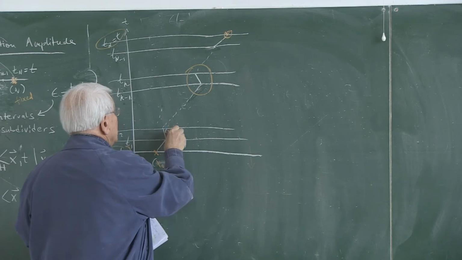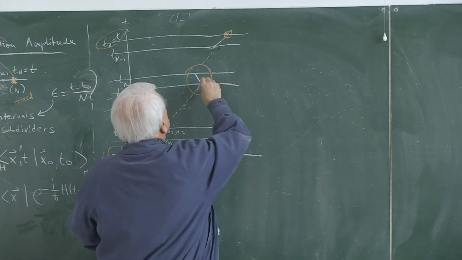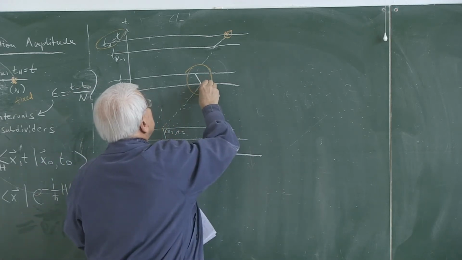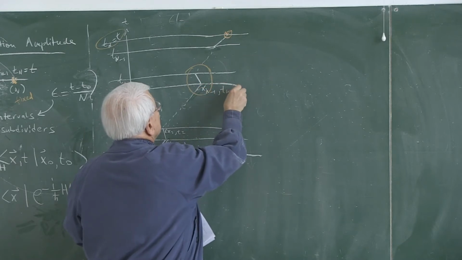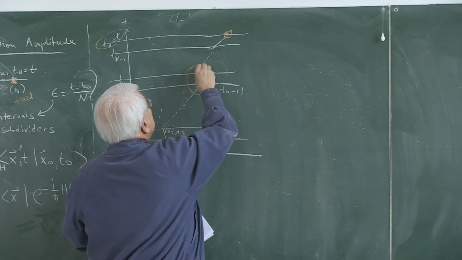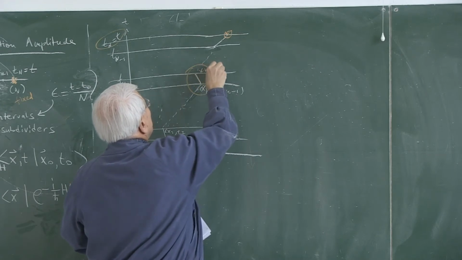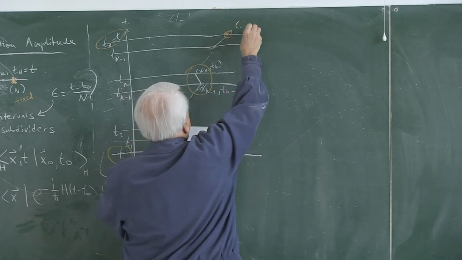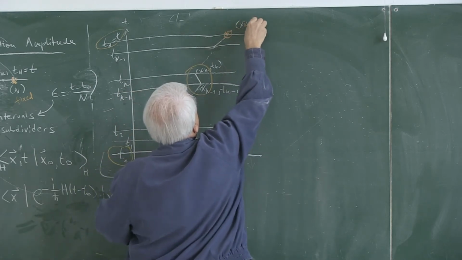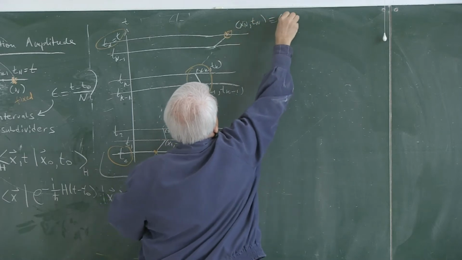Then it has moved to x2, T2, and it has moved eventually to this point, which is xk minus 1, tk minus 1, and moved up to xk, tk, and finally, to use the proper label, xn, tn, which is really, in my notation, xn, t.